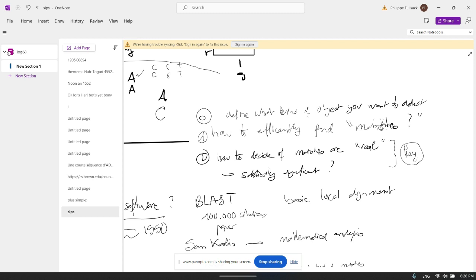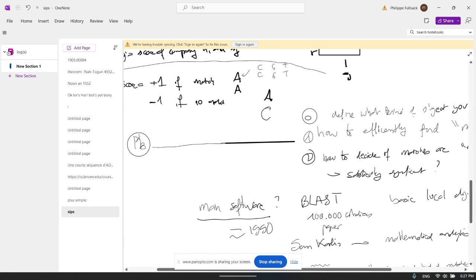Of course, every step is important, but if you have no way to decide where the matches are and whether they are significant or not, then you can't progress.